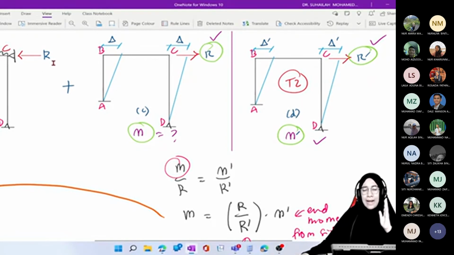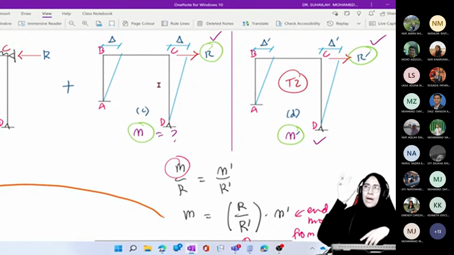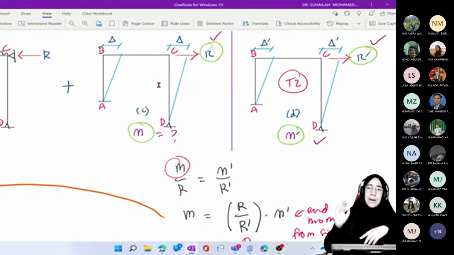Table 1 ni diagram B. Kita tak pakai dia dekat B. Kita pakai dia dekat C. Okey, nampak tak? Sebab kita nak buat interpolation tu kita perlu nilai C. R dekat C dengan R dekat B is the same thing, in opposite direction. Okey, cuma proses dia saja. Kita buat table 1 calculate R, table 2 calculate R prime.